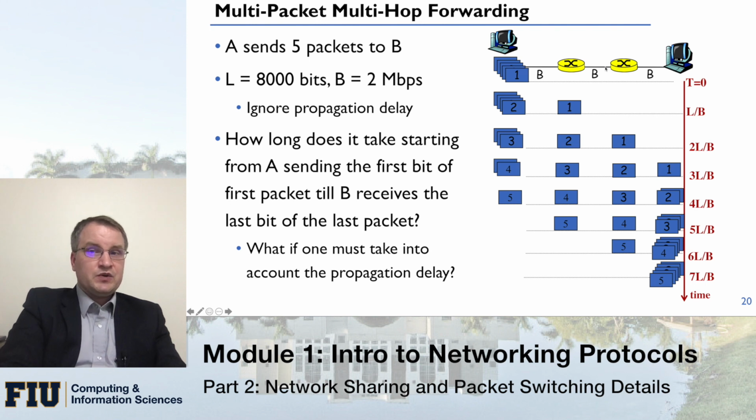Because if, for example, the capacity of this link was twice as small as B, then it would take twice as long to put packet 1 into the wire compared to receiving packets on this wire. Therefore the queue will build up somewhere here, and there will be additional time to transmit a packet. So we wouldn't have 7L divided by B in that case, but that should also be easy to calculate.